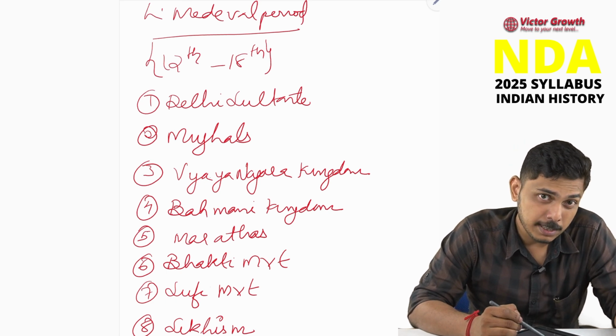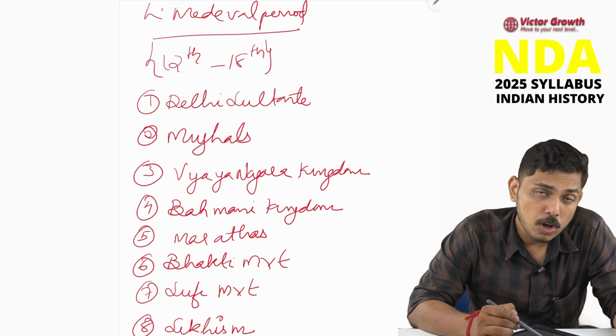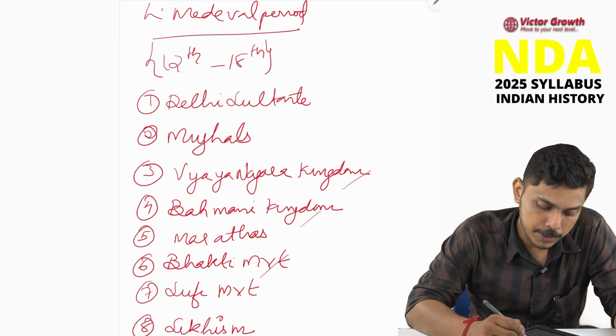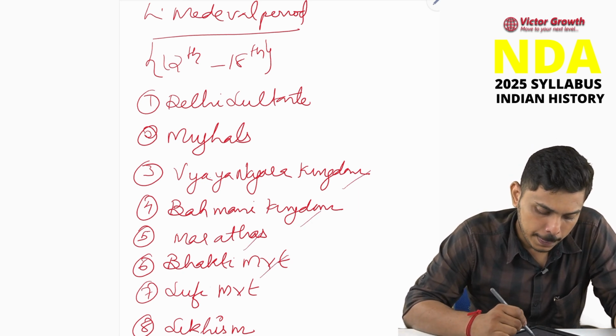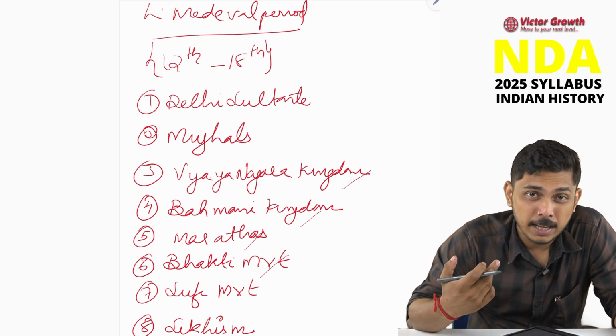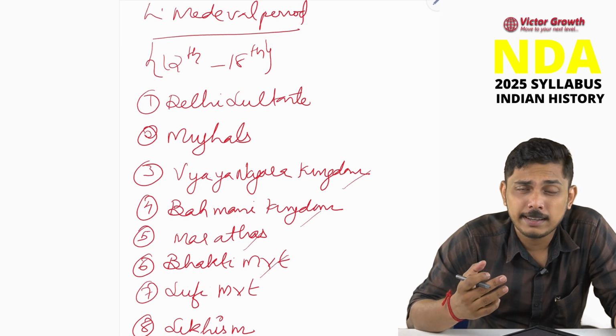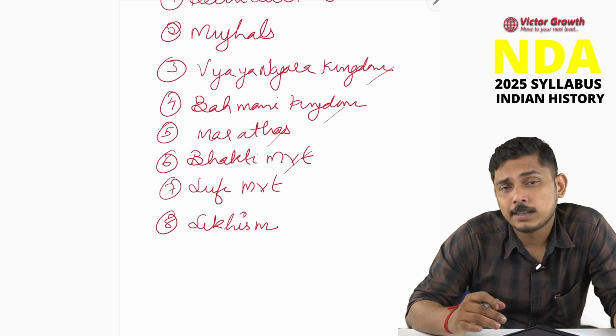So we can see the increasing importance of the Vijayanagara Kingdom and Bahmani Kingdom, then Bhakti movements, Marathas. These are the important and new trends for your exam, the core important areas in medieval Indian history.